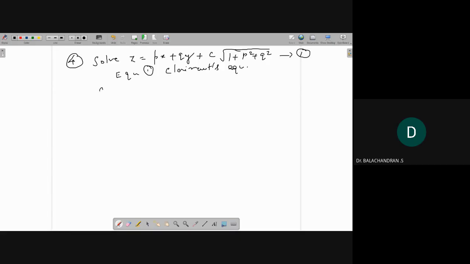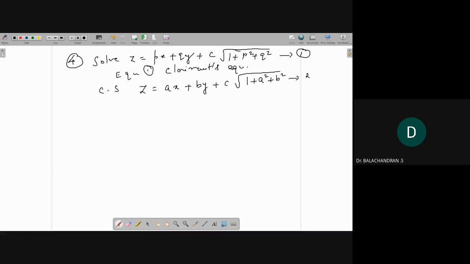Complete solution. Complete solution is z equal to, instead of p you should write a, instead of q you should write b, ax plus by plus c into root of 1 plus a square plus b square.